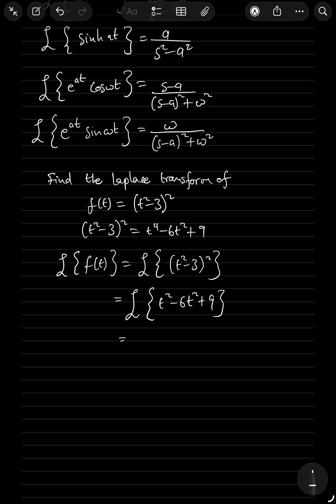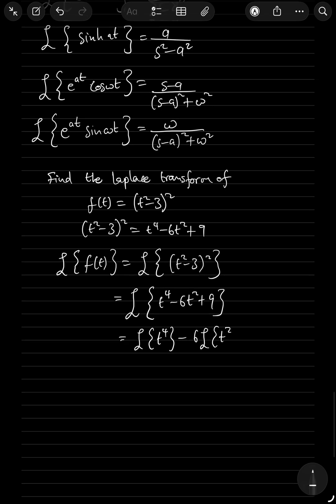And then using the linearity property, this is going to be the Laplace transform of t to the power 4, minus 6 times the Laplace transform of t squared, plus, factoring out 9, the Laplace transform of 1, right? And we know all of this.